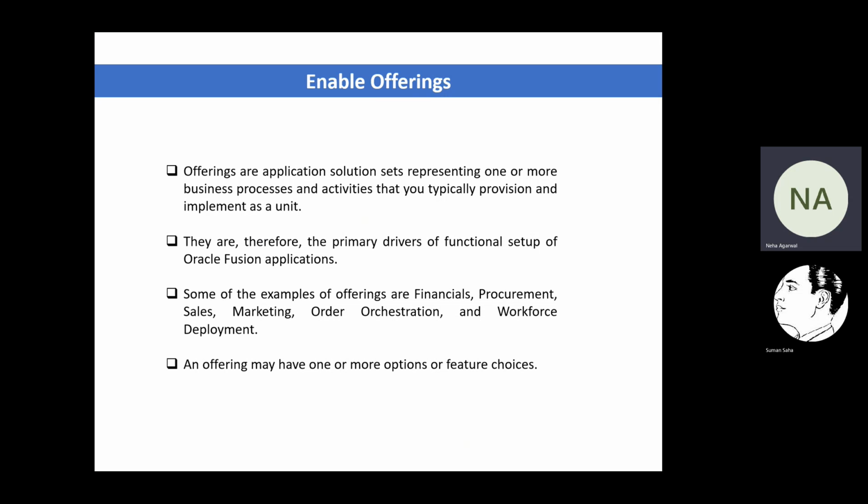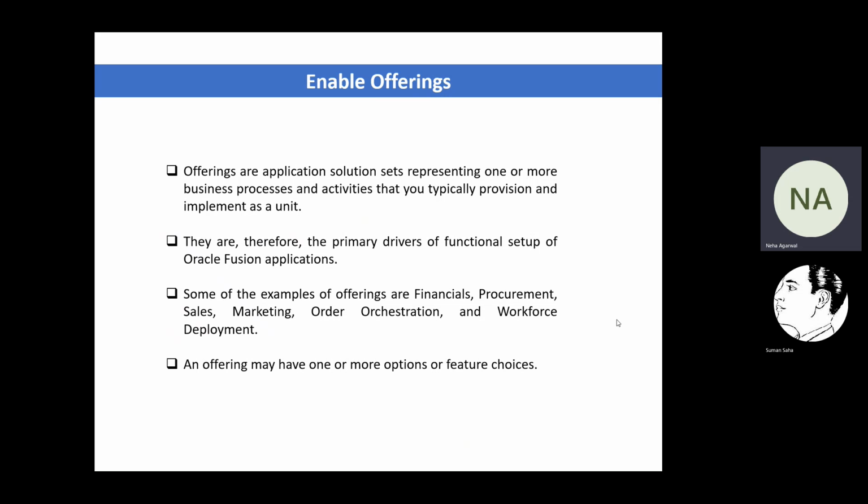When we have the offerings enabled, it can have one or more features or choices that we can take. To configure an offering for implementation, you opt into its functional areas and features that are applicable to your business operations. You start your opt-in configuration by enabling the offering.